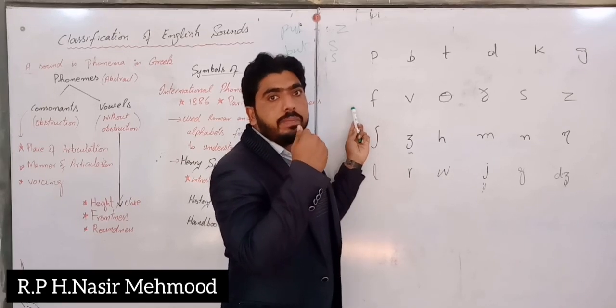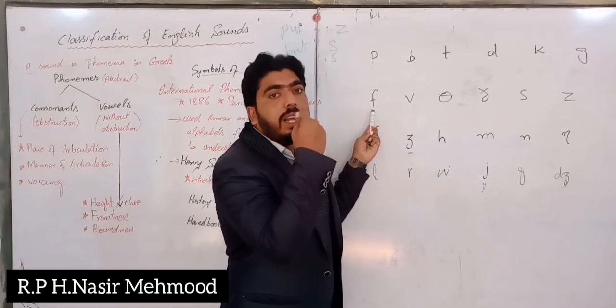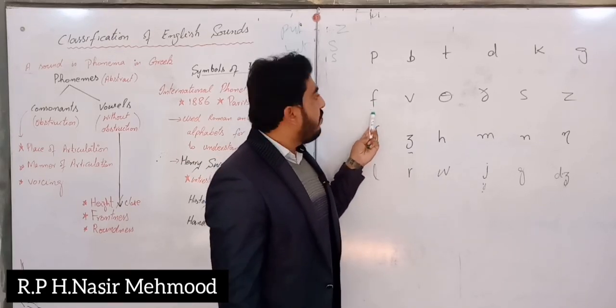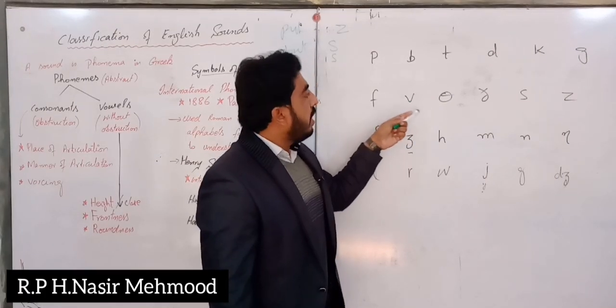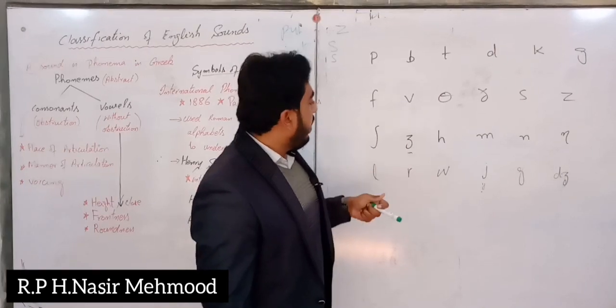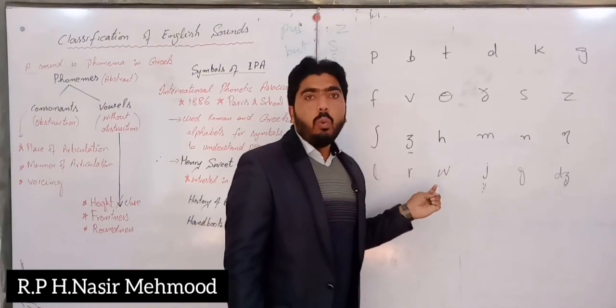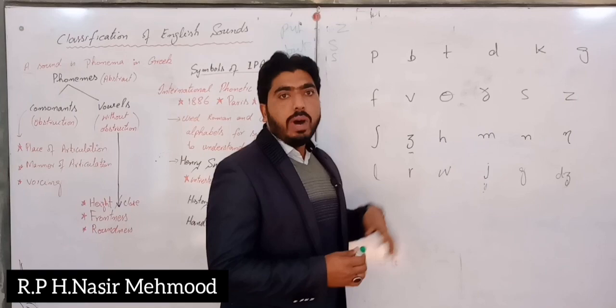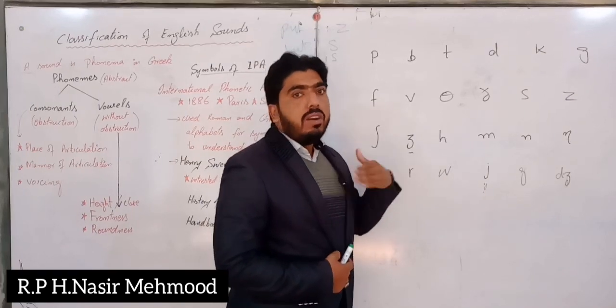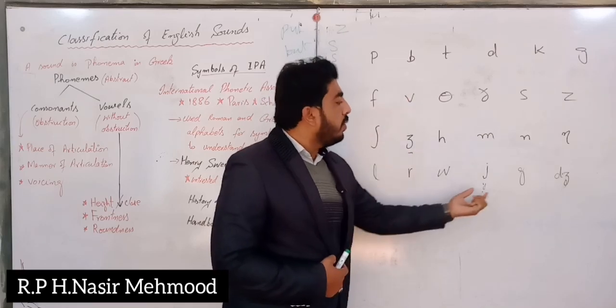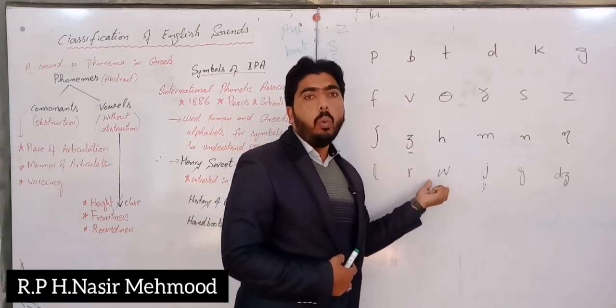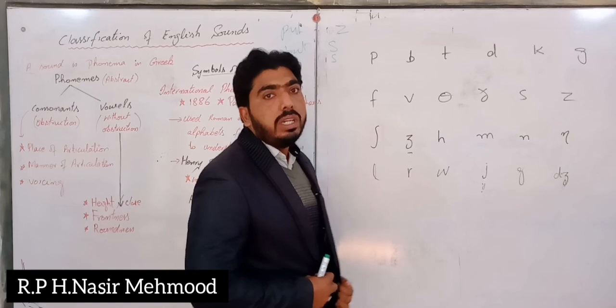Upper teeth touch the inside of the lower lip. Feel the difference between this pronunciation and another one, w. While pronouncing this sound, the upper teeth are touching the inside of the lower lip, and during w, our lips are in a rounded form.